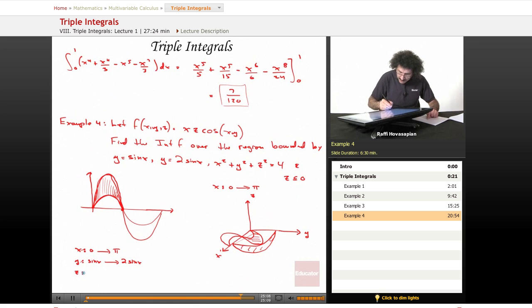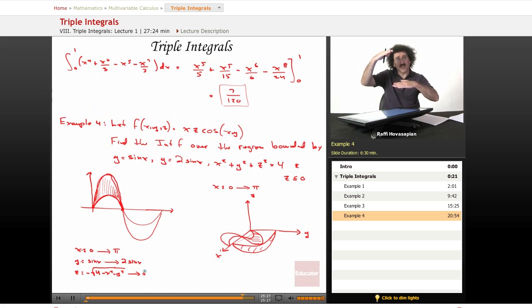And z is going from minus radical 4 minus x squared minus y squared up to 0, right? The lower limit of integration is the actual sphere itself, and it's going up to 0 because it's below the xy plane.